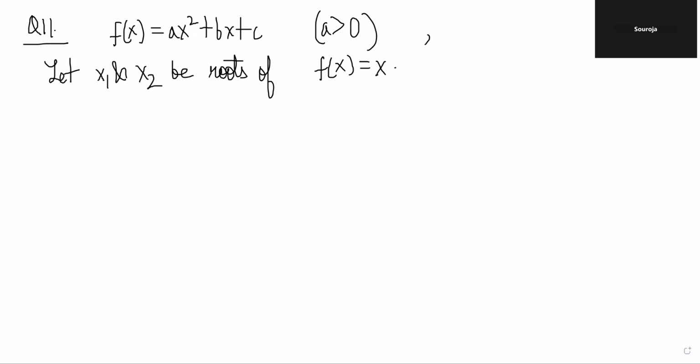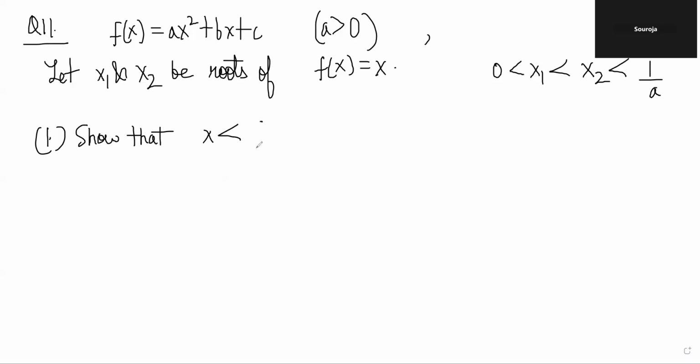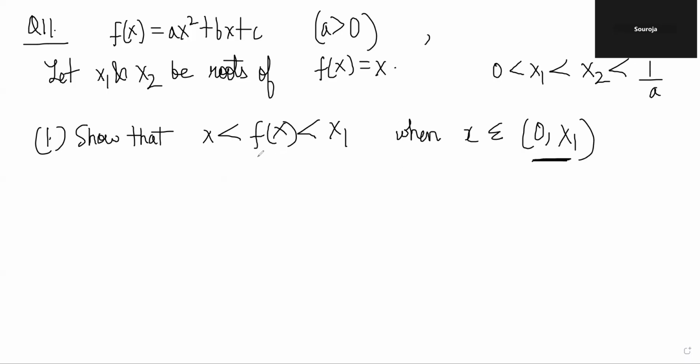And they have also given us 0 is less than x1 is less than x2 is less than 1 by a, right? First part is show that x is less than f of x is less than x1 when x belongs to 0 to x1. Basically, when x lies in this region, 0 to x1, always f of x is bigger than x and f of x is smaller than x1, right?